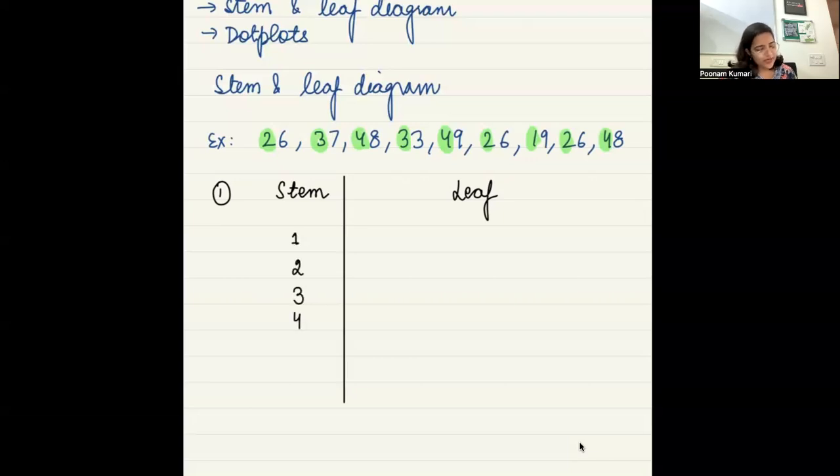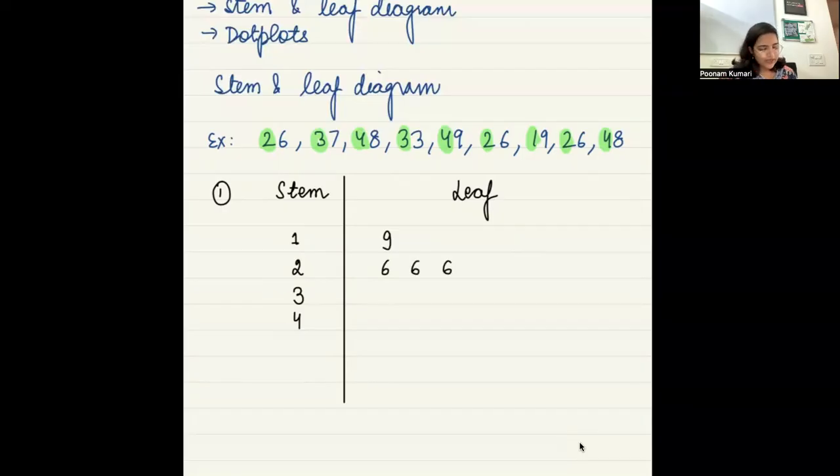So what I will do is I will write a 9 here. Okay, then in front of 2, I have 3 numbers, 26, again 26, again 26. So I have 6, 6, 6 three times. So what I will do is I will write this 6, and then 6, and then 6. Okay, that's what I will do.